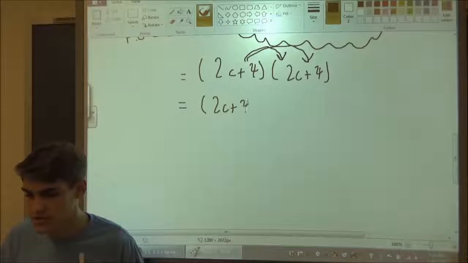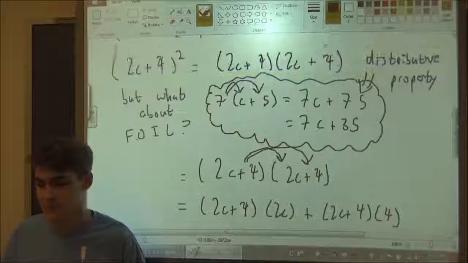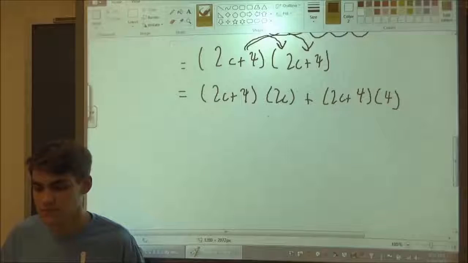So 2c plus 4 times 2c, that's the first arrow, and then you add 2c plus 4 times 4, the second arrow. So all I'm doing is using the distributive property, but I'm applying it to binomials.